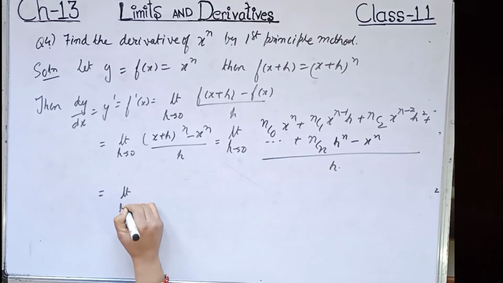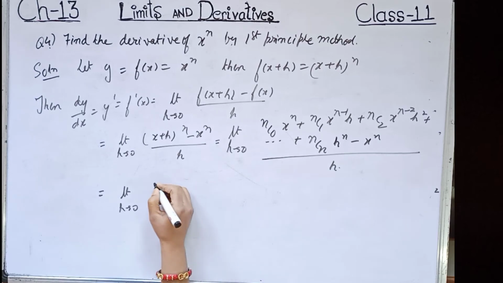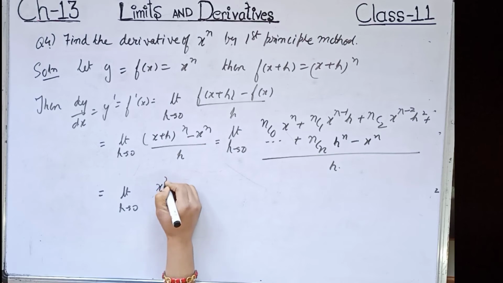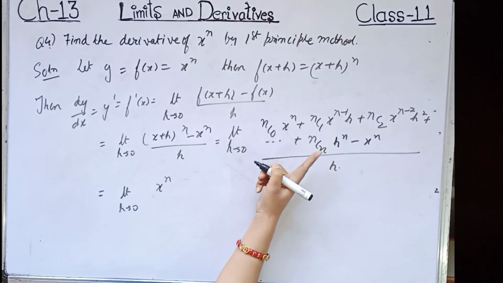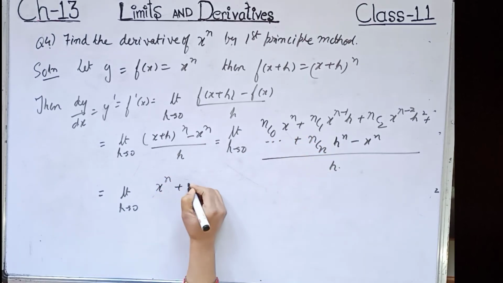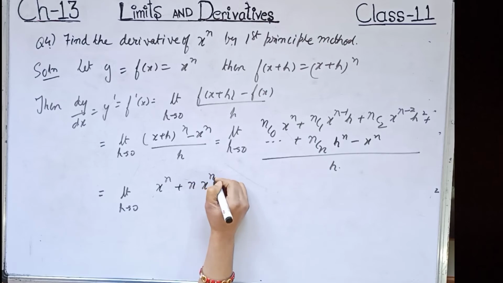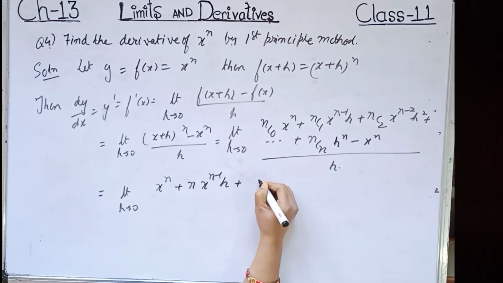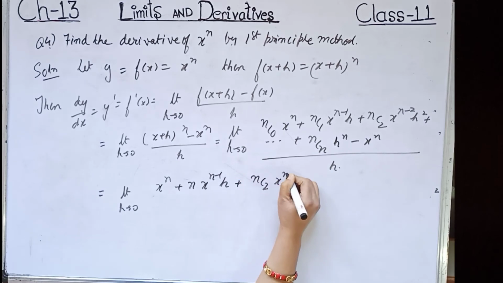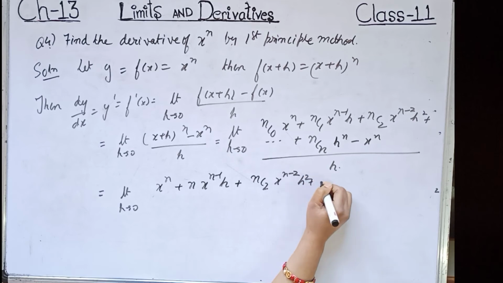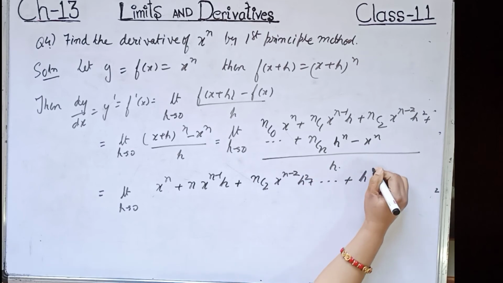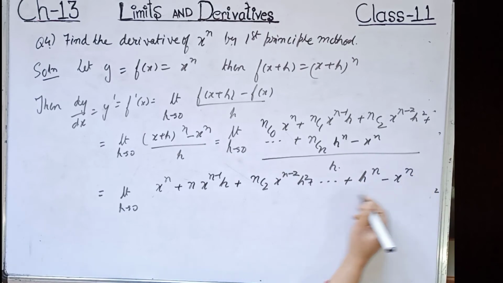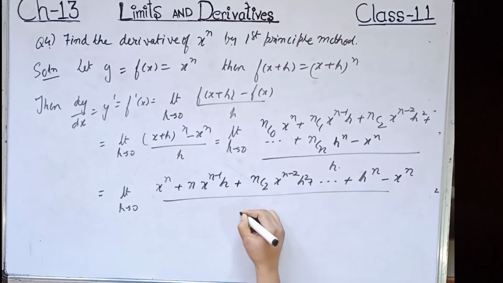So limit h tending to 0. Now nC0, I have said, is 1, so I am not writing 1. 1 into x power n is x power n only. So x power n, and nC1 is n. So n into x power n minus 1 into h, plus nC2 x power n minus 2 h square plus up to so on, and over here I am writing h power n because nCn is 1, minus x power n, divided by h.